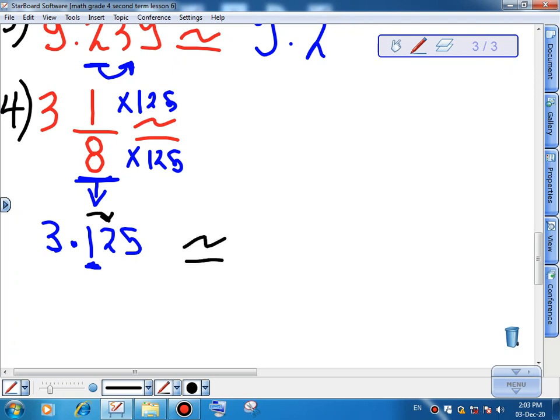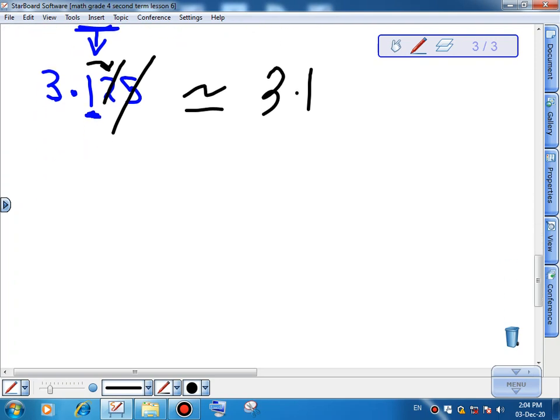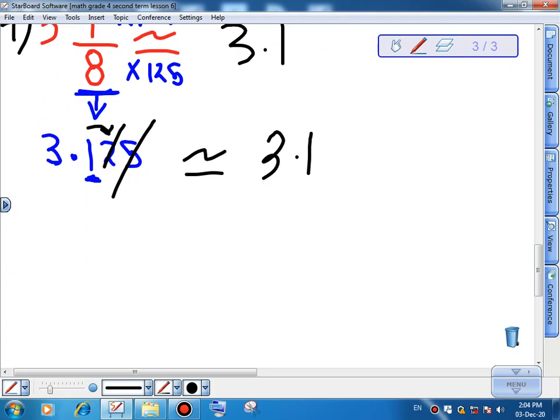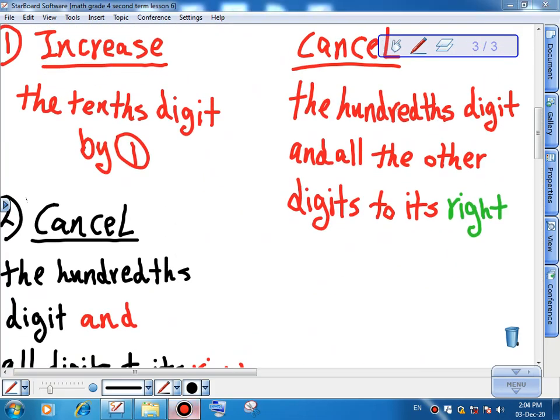It will be 1 as it is. Cancel all the decimals after 1 to the right side. The whole part will be the same thing. 3 will be 3, and it will be 3.1, which is the approximation to the nearest tenth. Thank you.